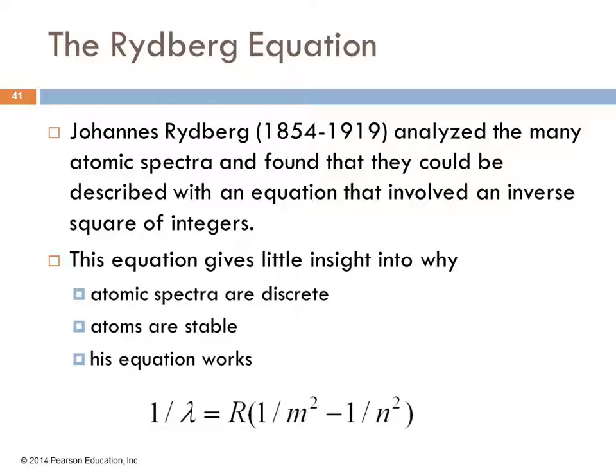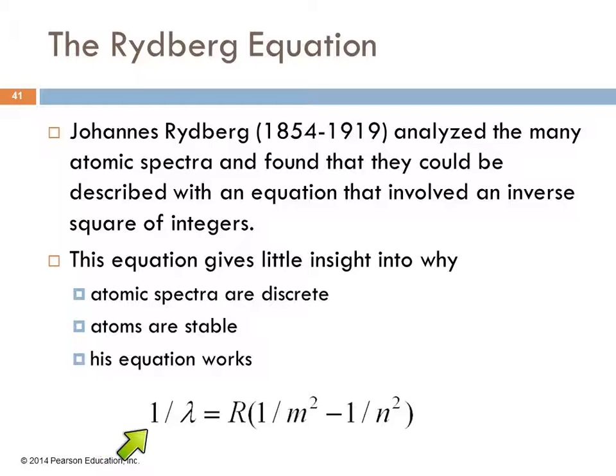So he studied these lines, and he found that they could be described by an equation that involved an inverse square of integer numbers. It's called the Rydberg Equation. The thing about it is it doesn't really tell us what's going on or why elements do this. The atomic spectra are discrete. The atoms are stable. His equation works, but it doesn't really give us much information.